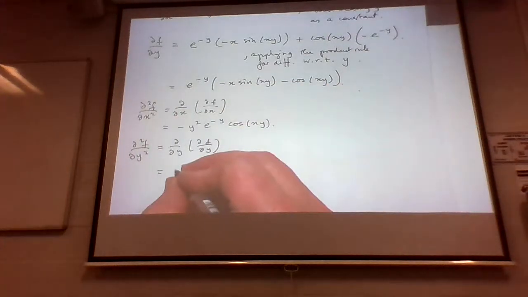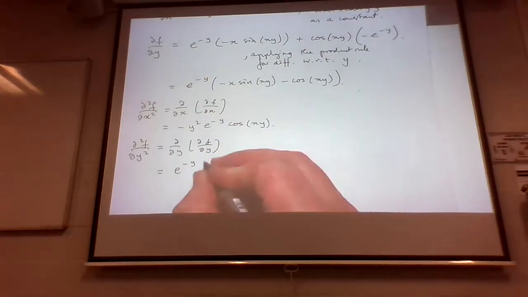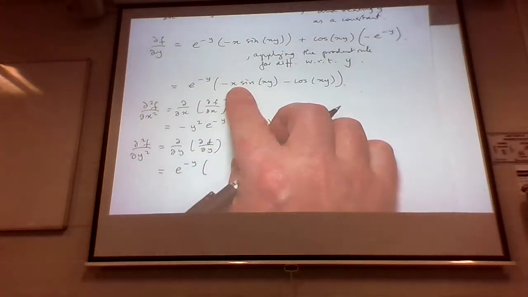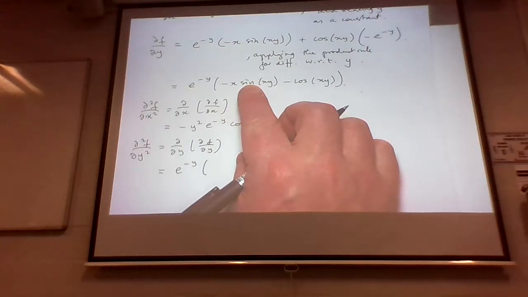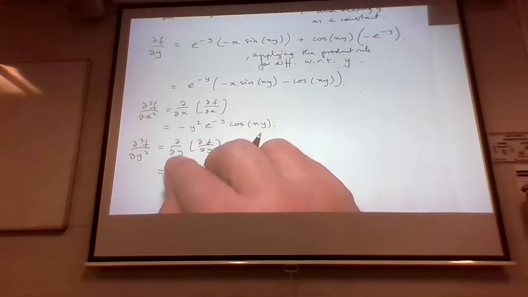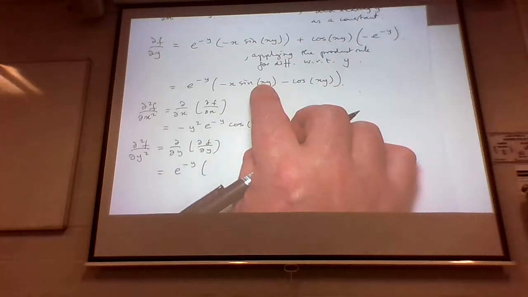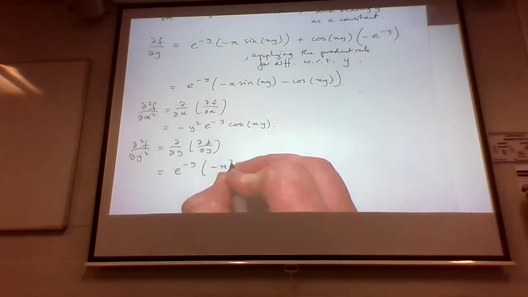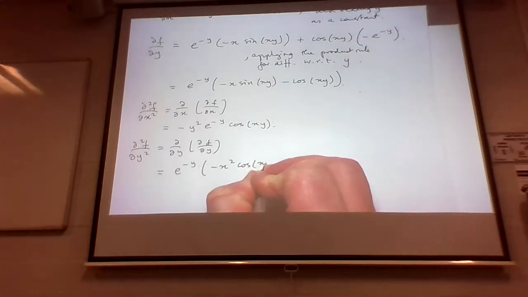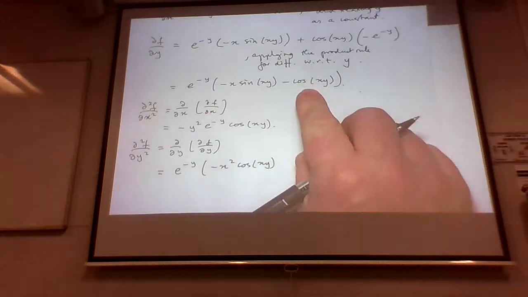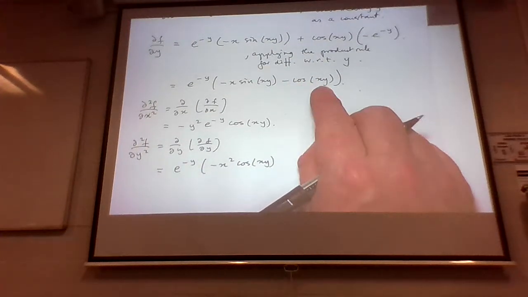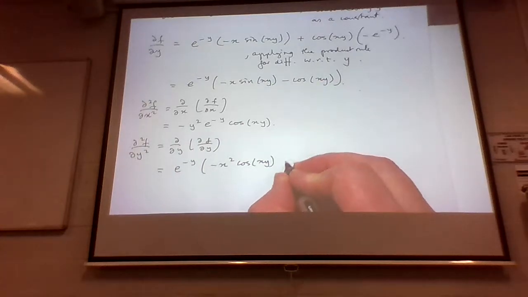So again, product rule, keep the first factor the same, multiply by the derivative of the inner factor. Sine will differentiate to cosine, you'll get an extra x this time, so differentiating with respect to y, the derivative of the inner argument is x. So it's going to be minus x squared cosine of xy. And differentiating this fellow gives us, well, we're differentiating minus cosine, so it's going to give us plus sine.